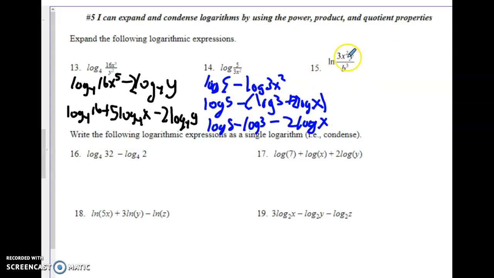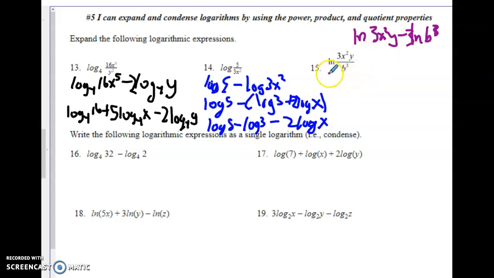Okay, this one, same starting out, got some division going on, got a lot of multiplication happening too. This one is a natural log, so we'll just be doing ln of 3x squared y minus ln of b cubed. And, oh, I got to take that 3 and put it out in front. Then I'm going to break apart this. I've got a 3 times an x squared times a y.